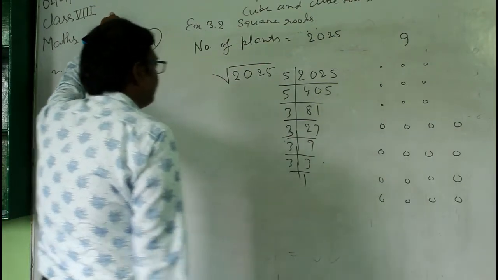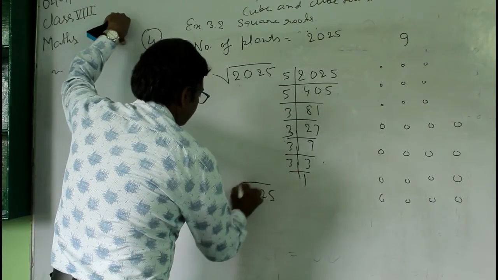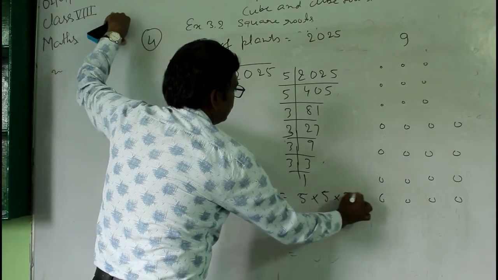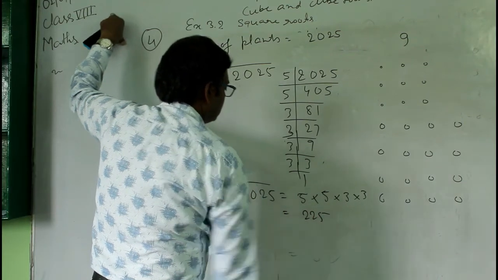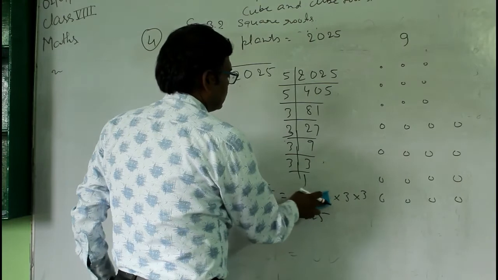So these are the prime factors, therefore 5 into 5 into 3 into 3, that is 225. Oh no, only one 5 is there.